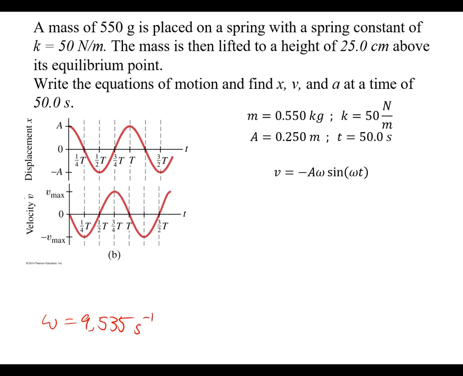And so our velocity equation then would be negative amplitude, 0.25 meters, times 9.535 inverse seconds, times the sine of 9.535 t.